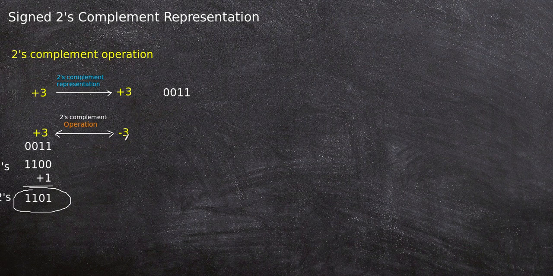If we add the word representation, then we are not going to change anything, we just represent it. But if we are asked what is the 2's complement of +3, then that is actually the representation of -3. So the 2's complement representation of -3 is 1101.